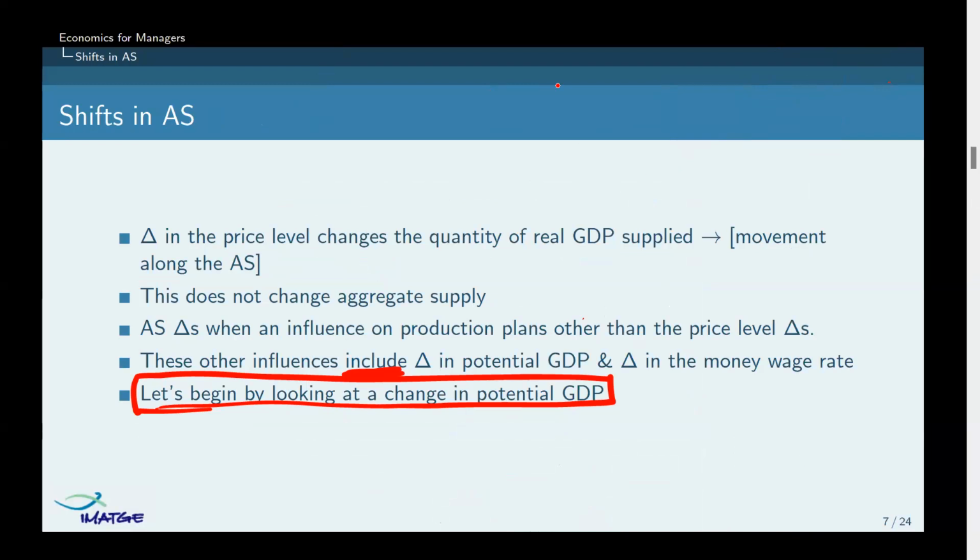But now, when we have any other influence on production plans, for example, your capital investments, be it human capital investment or physical capital investment, or an improvement in technology, which means now we will migrate from whatever we were having in equilibrium before the change to a new position, because now potentially this economy is able to produce more at this new state.